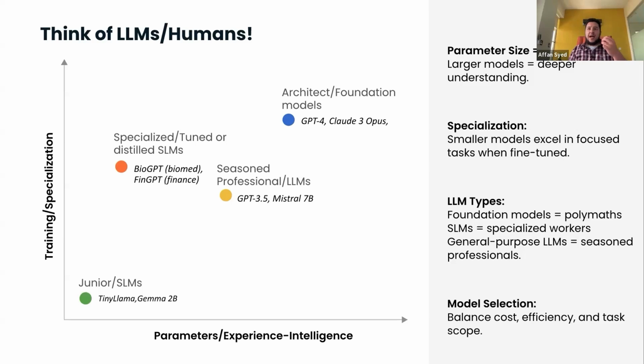Now, why is this useful? Like all frameworks, it is not perfect, but it gives you an idea of how to select which model to use for which problem. If you were building software and had a bug, you wouldn't bring in your CTO to solve it.